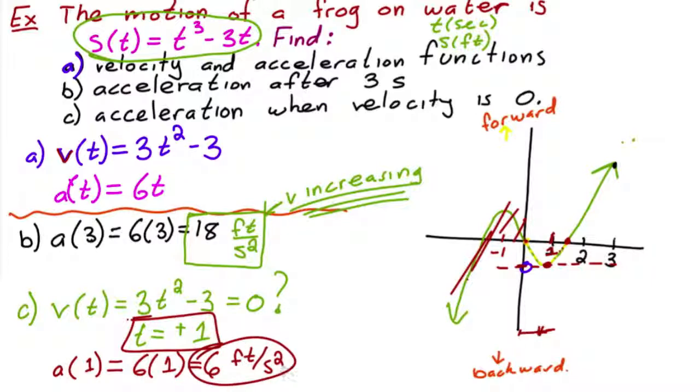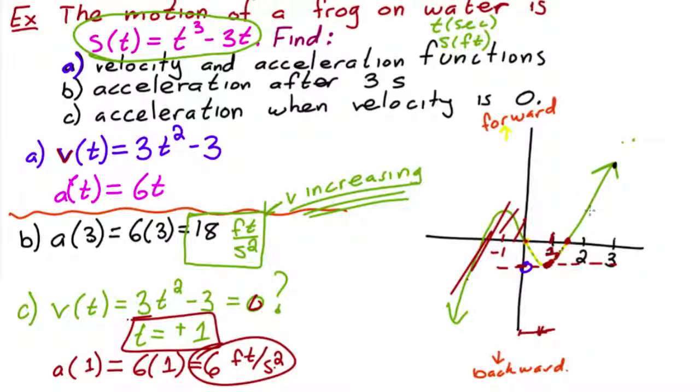So what that means is that the velocity at this exact point, even though the velocity is 0, is increasing at a rate of 6 feet per second for every second. So the next second the frog is going to be going about 6 feet per second.